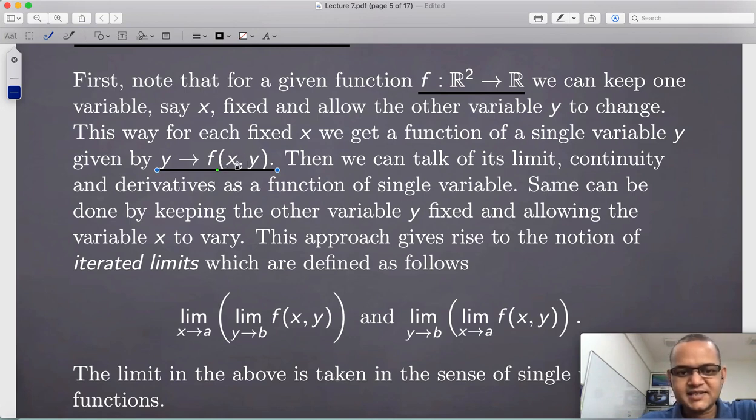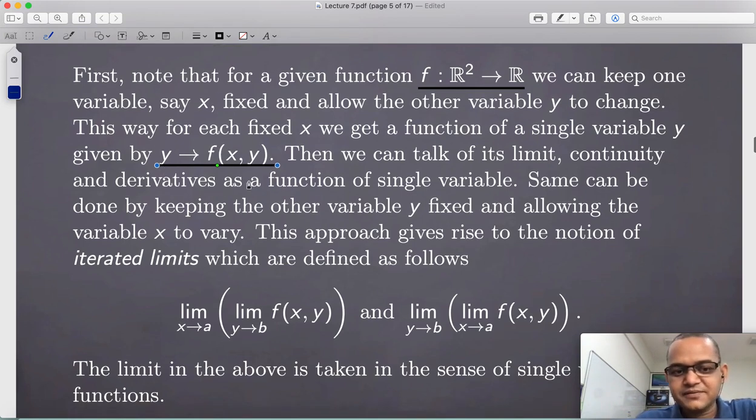This x is just sitting over here as a dummy thing, being treated as a constant. Then I can talk of limit with respect to this variable, and I can talk about continuity as well. I can talk about the derivative as well. So what we are doing is freezing one variable and allowing the other variable to vary. This is giving rise to functions of those variables which are being allowed to vary.